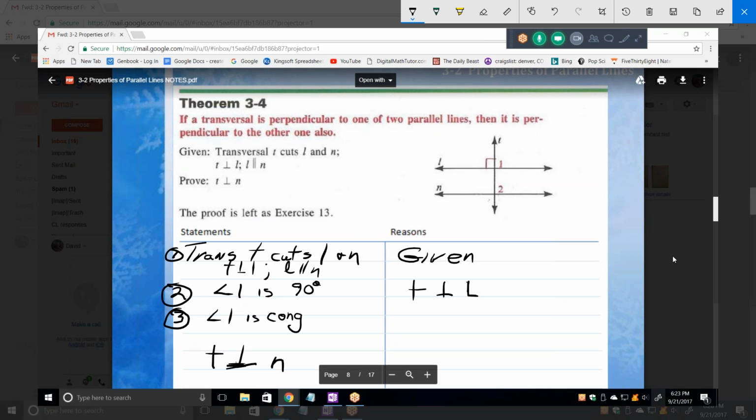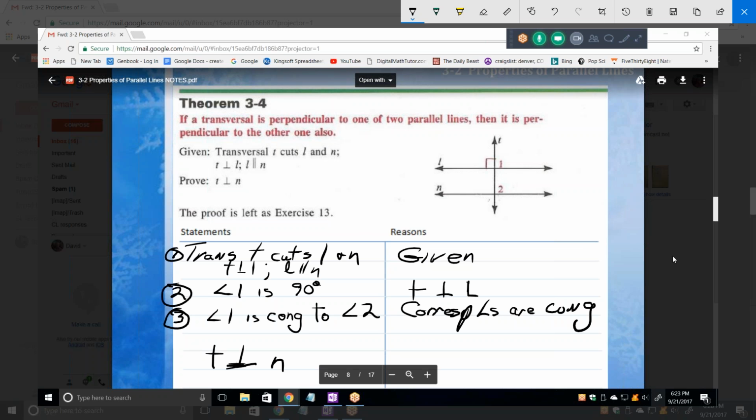Are they corresponding? Well, yes, they are, but that means that angle 1 is congruent to angle 2, based on corresponding angles are congruent when you're dealing with parallel lines.